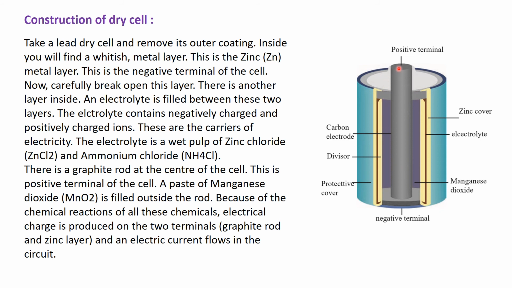Graphite acts as the positive terminal and the zinc layer acts as the negative terminal. An electric charge is produced on the two terminals and an electric current flows in the circuit. As the chemical reaction takes place between these chemicals, the electric charge produced is responsible for the flow of electric current in the circuit.